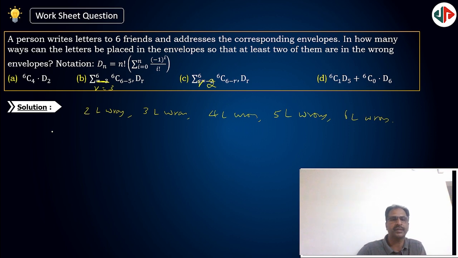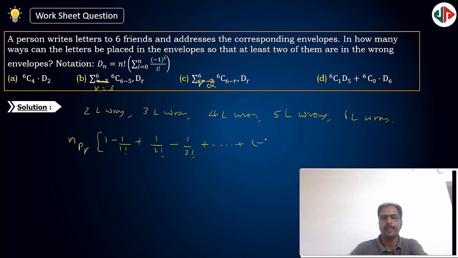Out of n letters, if r letters are placed wrongly, then the formula is nPr into 1 minus 1 by 1 factorial plus 1 by 2 factorial minus 1 by 3 factorial, and so on up to (minus 1) whole power r by r factorial. This is the formula for the number of ways in which r letters are placed wrongly out of n. For us, r is equal to 2, 3, 4, 5, 6. So you have to add up all those.